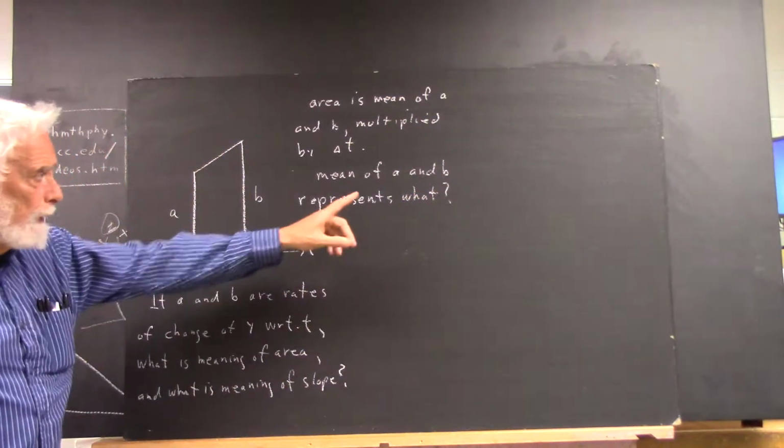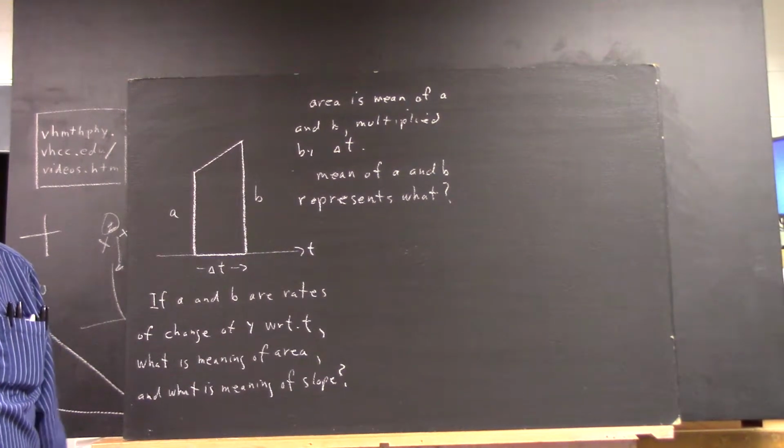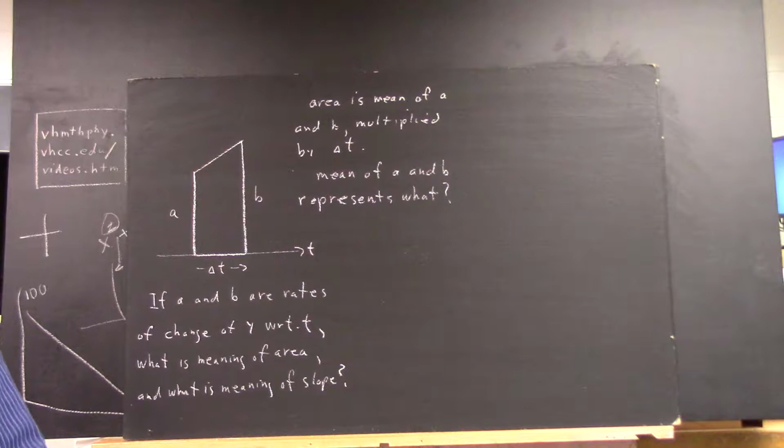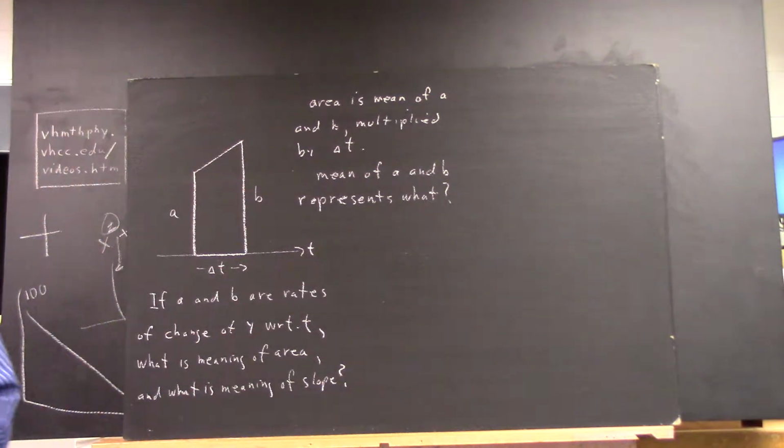What does the mean of A and B represent? You start answering that question, write down what A represents and what B represents. Just jot down what you think A represents and what B represents. Probably not going to give you time to completely jot it down, but I want you to get in mind what you will jot down if I do.